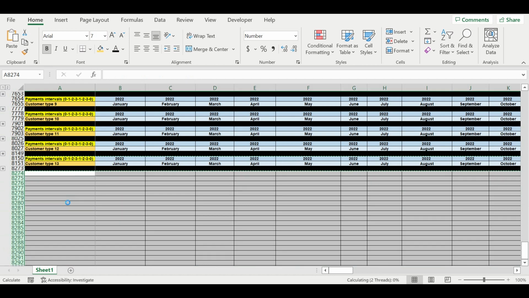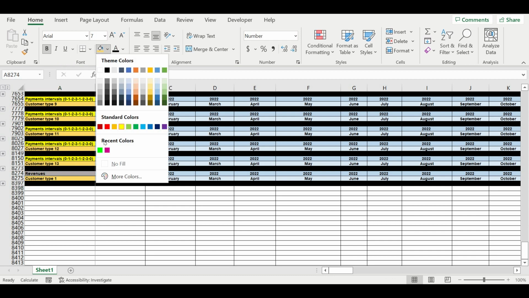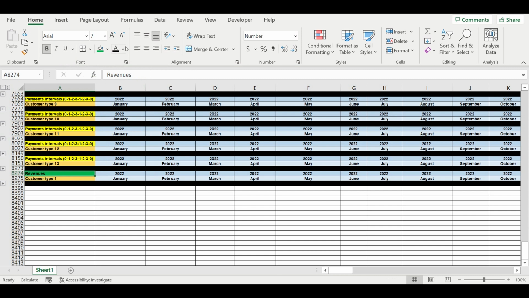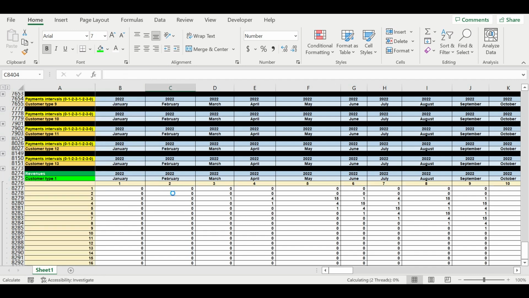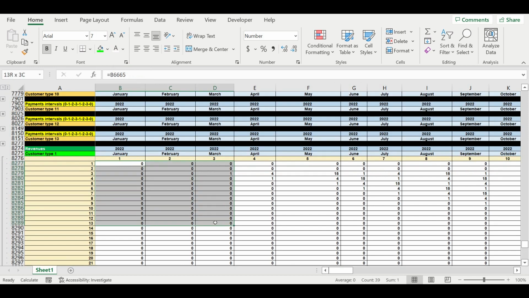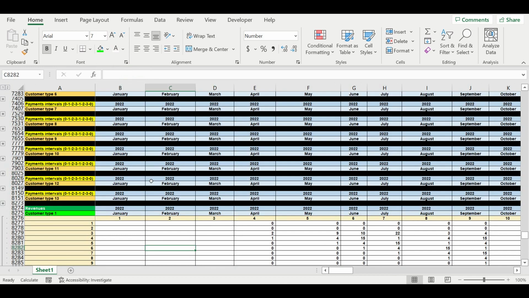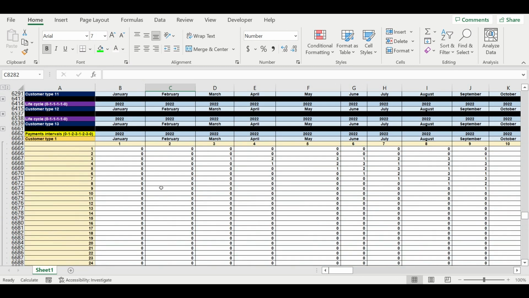So how will we do that? Revenues. This will be like this. So what tables will we need? This table, this table.